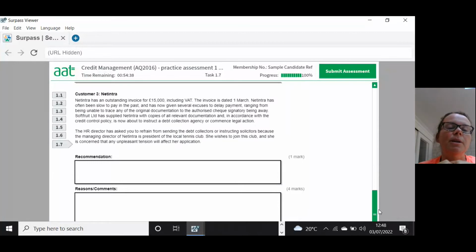Softfruit Limited has supplied Netintra with copies of all relevant documentation and, in accordance with the credit control policy, is now about to instruct a debt collection agency or commence legal action. The HR Director has asked you to refrain from sending the debt collectors or instructing solicitors because the Managing Director of Netintra is President of the local tennis club. She wishes to join this club and she is concerned that any unpleasant tension will affect her application.